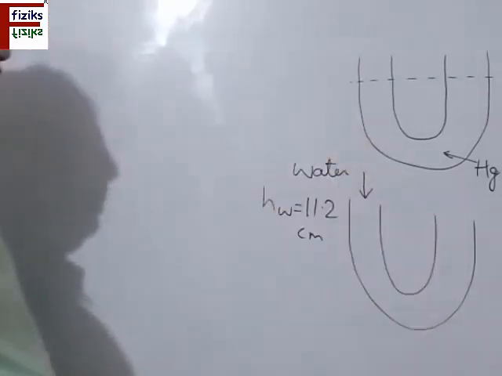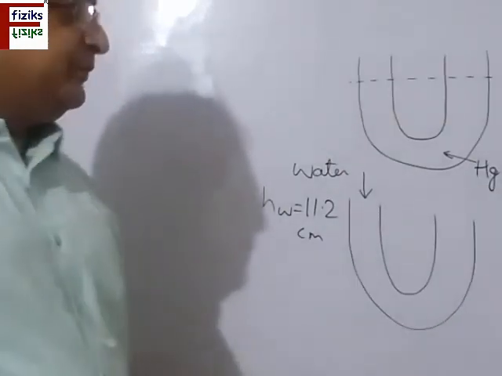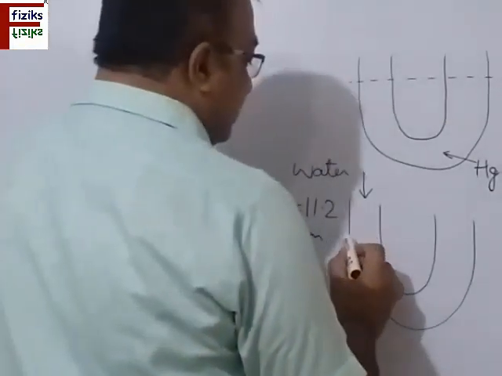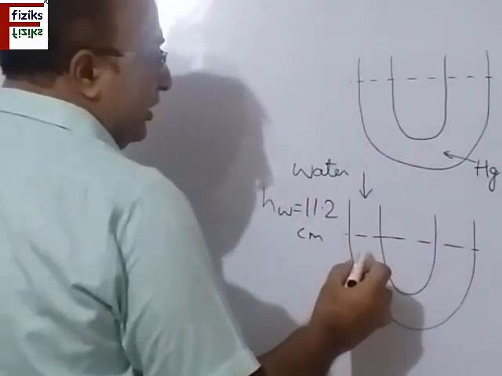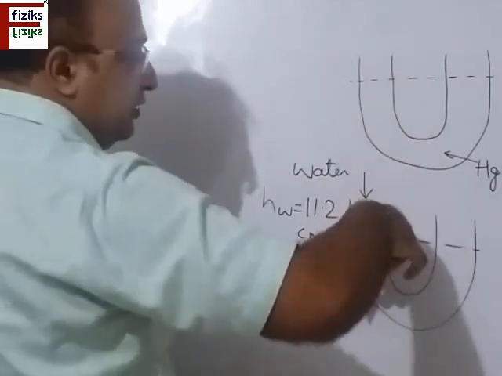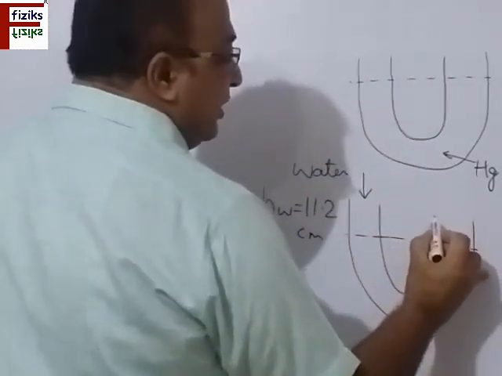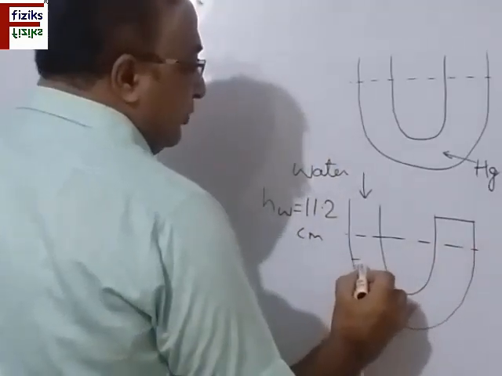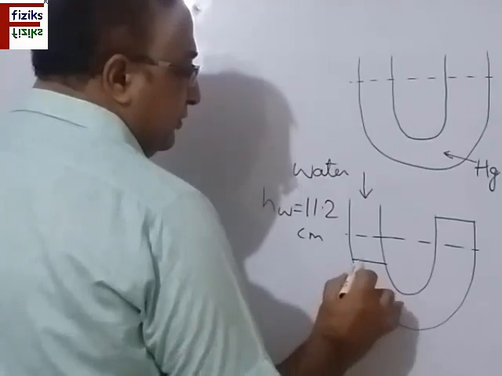So how much does the mercury rise from its initial state? Suppose this is the initial state here, and the water column, what it will cause? It will cause the liquid column to go downward in the left limb and to rise in the right limb. So these are the new positions of mercury.